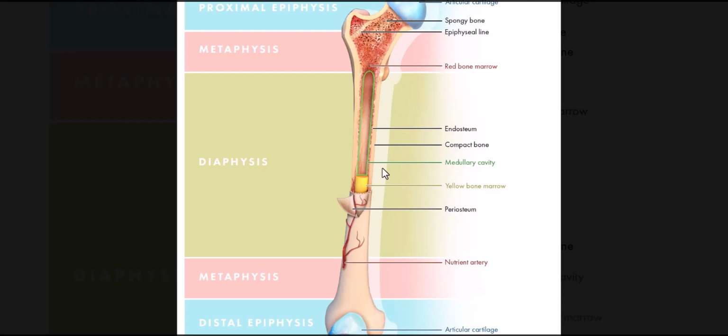Oh, a couple more things here. Bone is an extremely vascular tissue, and there are arteries that go into the bone called the nutrient arteries. There's not just one, there's a couple of these nutrient arteries that penetrate through small foramina in the bone. And so we definitely have a lot of blood flow going in and out of bones.